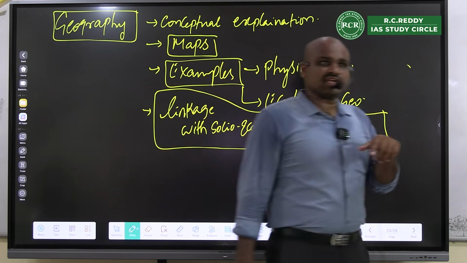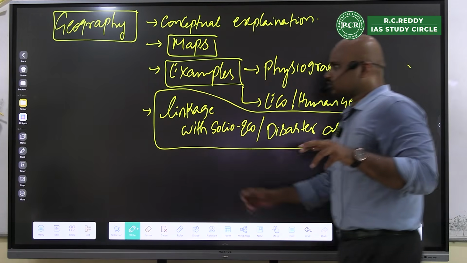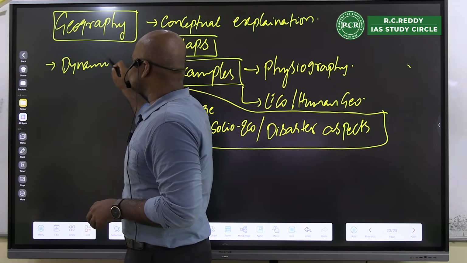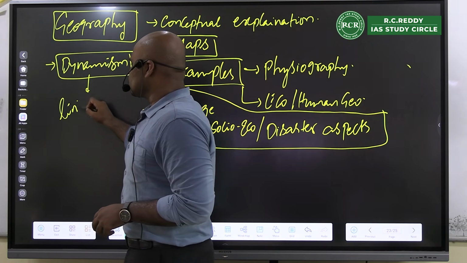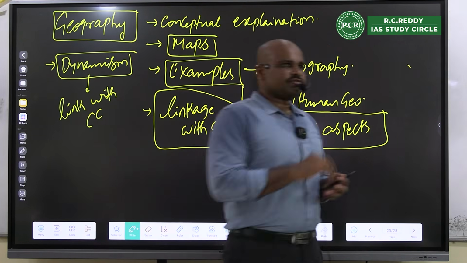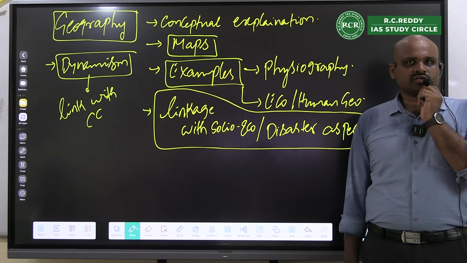So that interlinkage should be brought in with respect to this dimension. Now one more aspect that you will have to remember is, if I have to bring in dynamism in geography, please link it with climate change at any cost. Right?